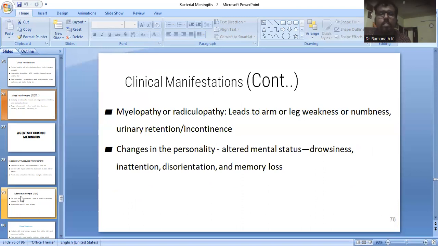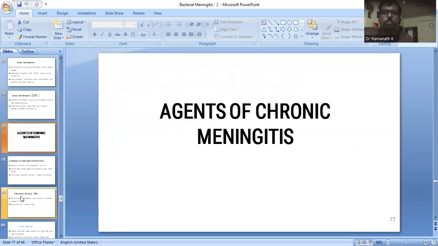Sometimes urinary retention or incontinence can also be seen because the nervous system is involved. Changes in personality and altered mental status like drowsiness, inattention, disorientation, and memory loss can also be seen in a person suffering from these infections.